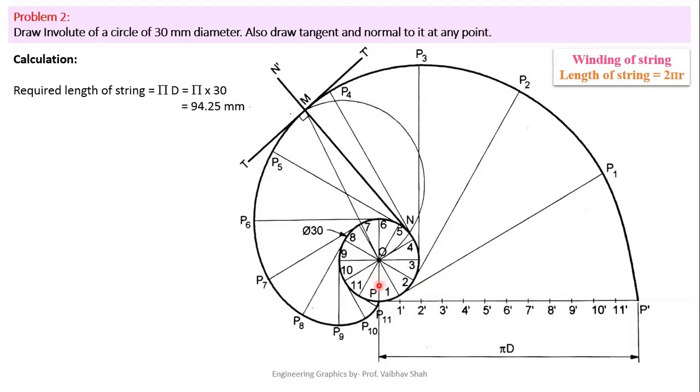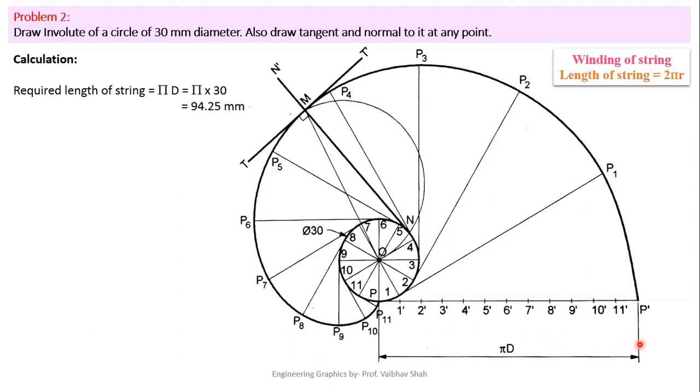Now we remember that this length of string is also exactly equal to the circumference of the circle's length pi d, that means if we are dividing this circumference of this circle into 12 number of equal parts, then it must be that you have to divide this line also into 12 number of equal parts, because it is the length exactly equal to the circumference of the circle.